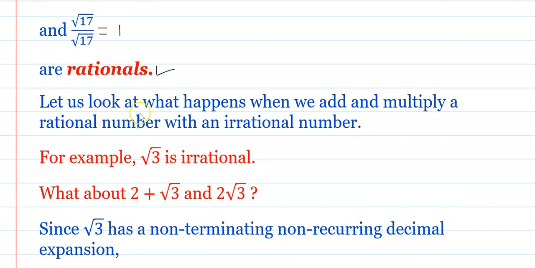Let us look at what happens when we add and multiply a rational number with an irrational number. For example, root 3 is an irrational number. If we add the rational number 2 to root 3, we get 2 plus root 3, and if we multiply root 3 by 2, what will happen?